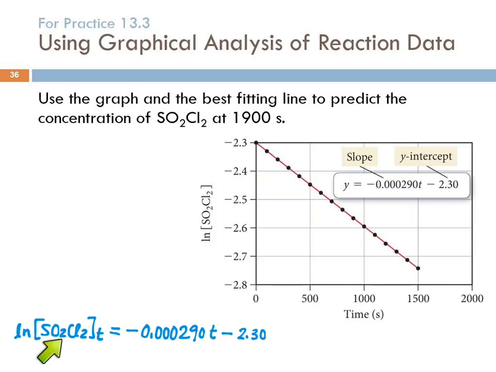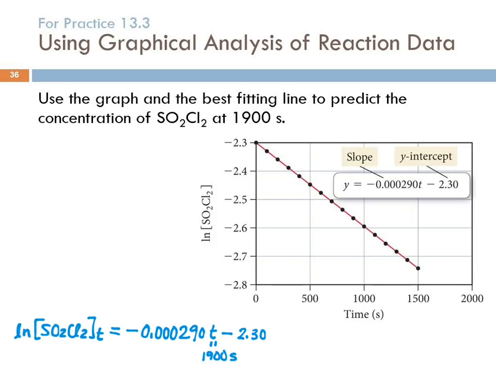So we want to know this concentration at time t. Time t is 1900 seconds. What do we have to do? We just have to put 1900 in for t. That's all we have to do.